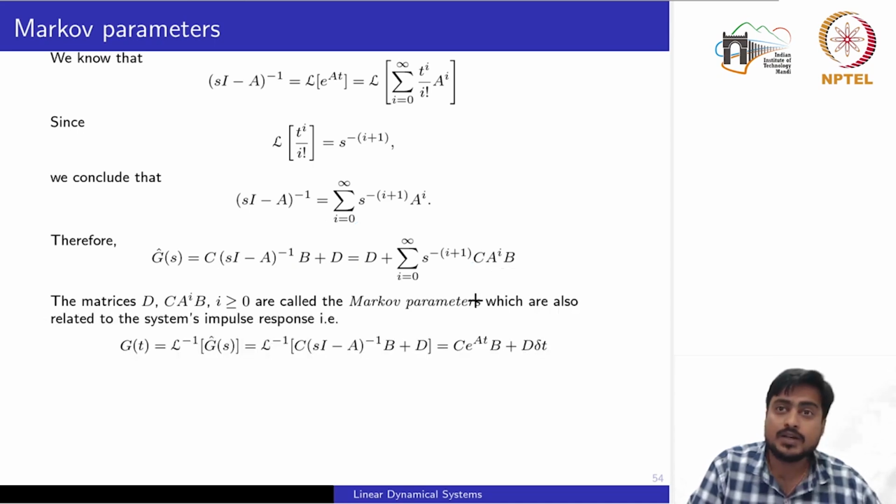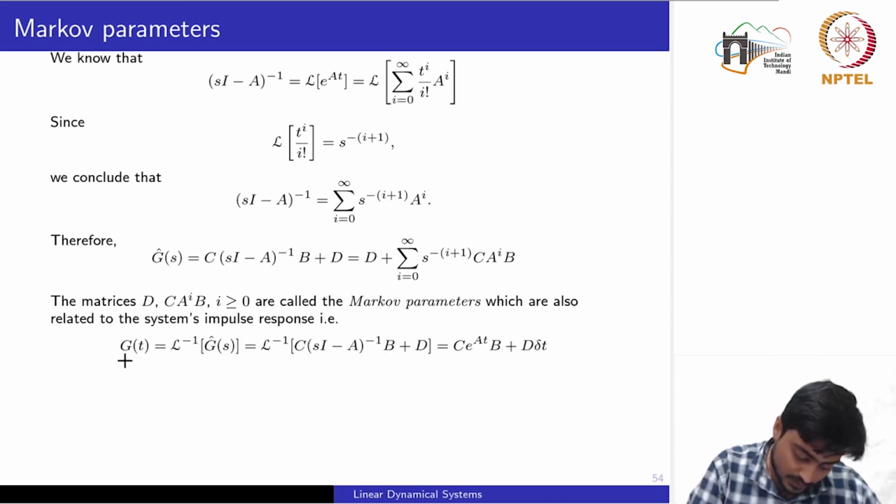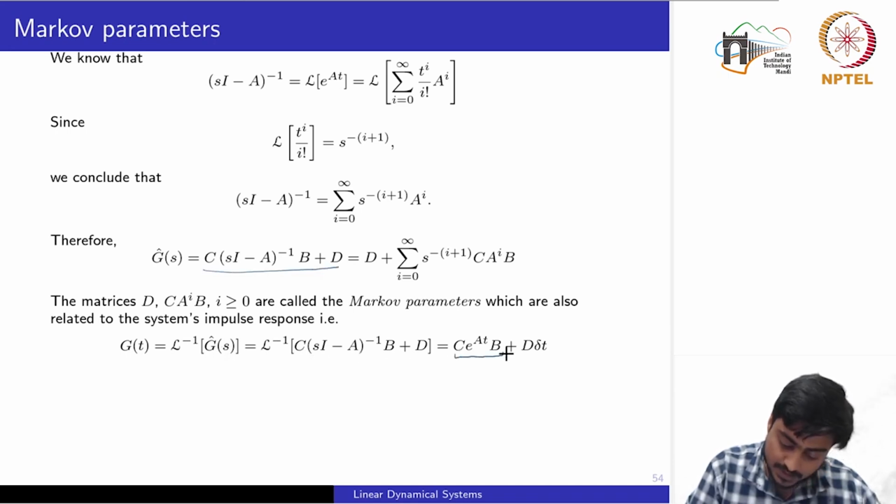Now these Markov parameters we can also relate to the impulse response of the system. We know that g(t) is given by the Laplace inverse of ĝ. If I replace ĝ by this part, I get this, and C(sI − A)⁻¹B can be represented by C e^(At) B plus D δ(t).